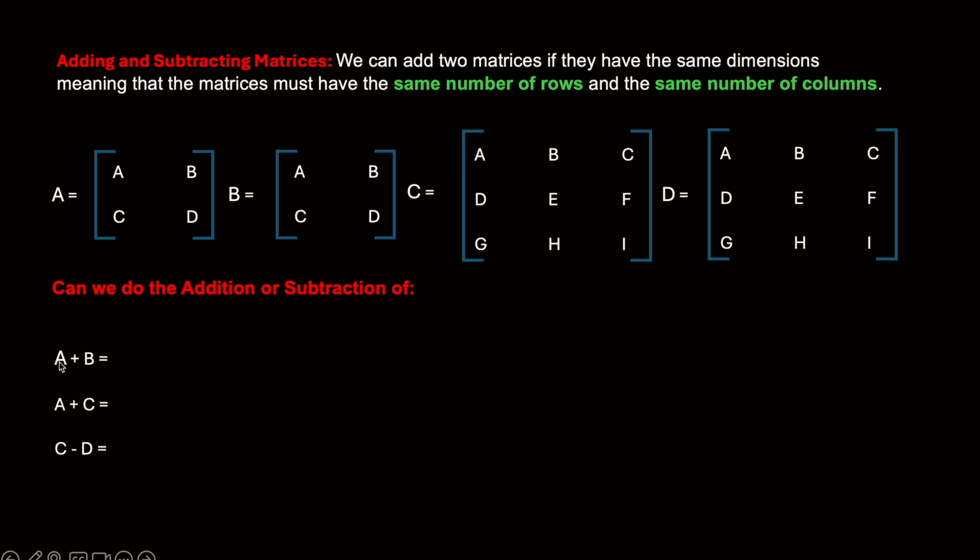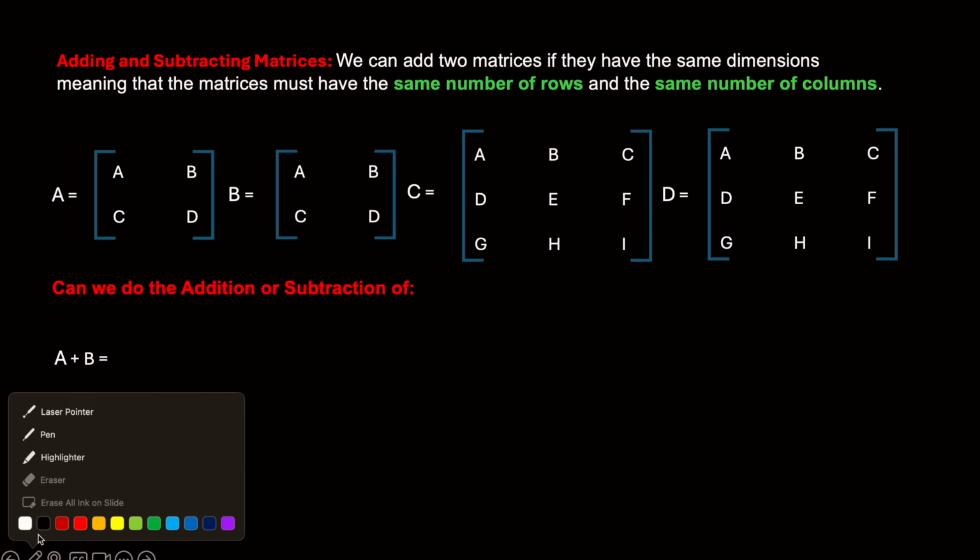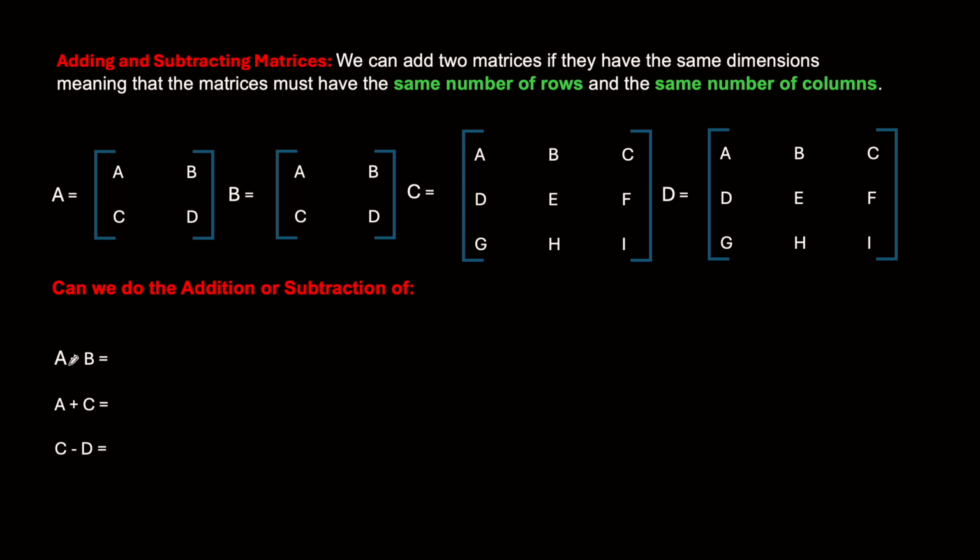Let's see if we can do the addition of A with B. You have to keep in mind always, they should have the same number of rows and the same number of columns. A has 2 columns and 2 rows.